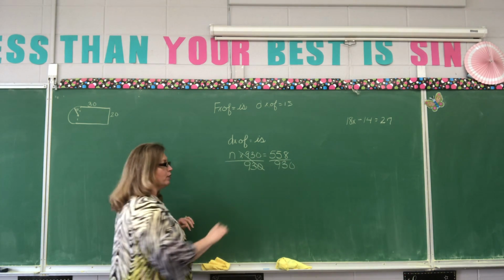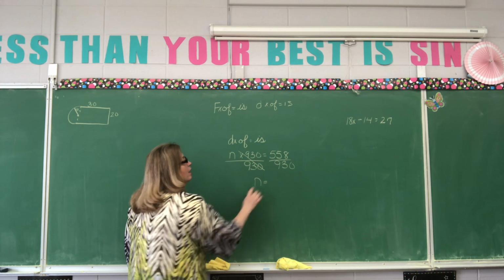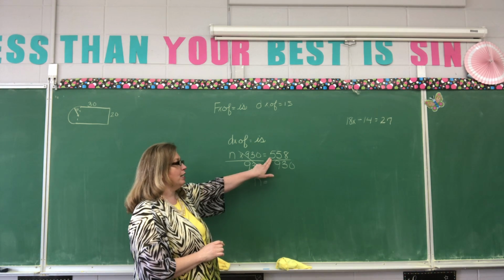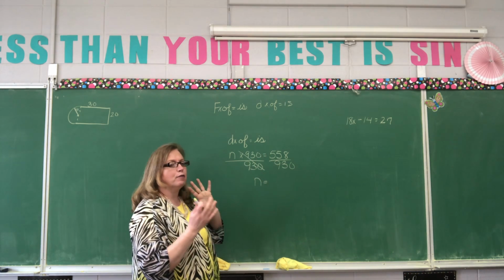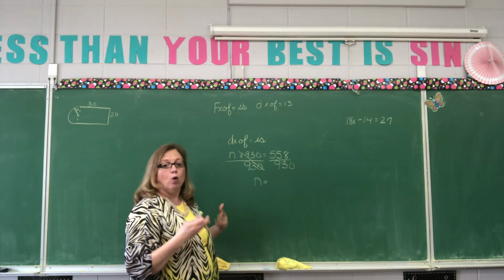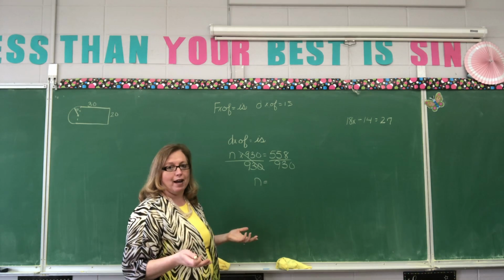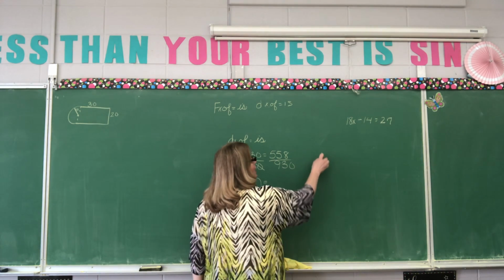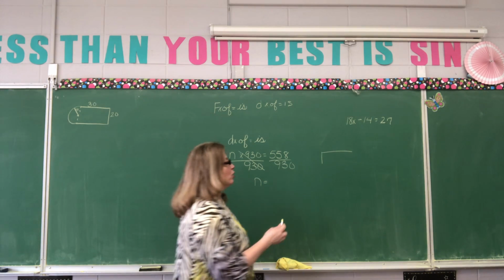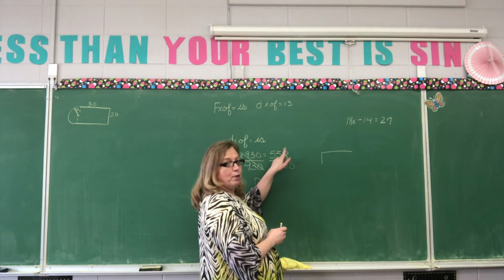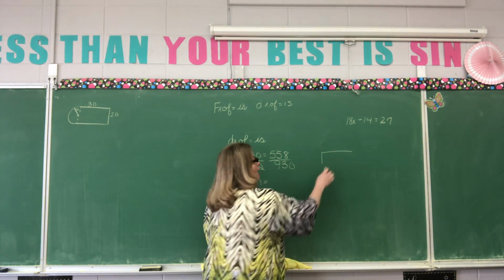All I have left over here is an n. Now, I have 558 over 930. I could go through the process of reducing it if I wanted, or I could just simply divide it. If I'm going to divide it, because I'm going to have to divide eventually because I need a decimal in my answer, whatever's on the top falls inside the box.